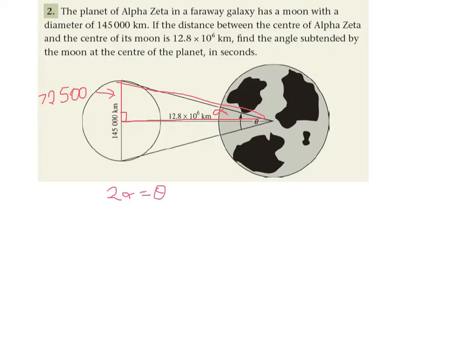Theta equals 2 alpha. Okay, so in our little right angle triangle, we could say that tan alpha is opposite over adjacent, so the opposite side would be 72,500, and the adjacent side is 12.8 times 10 to the power of 6.